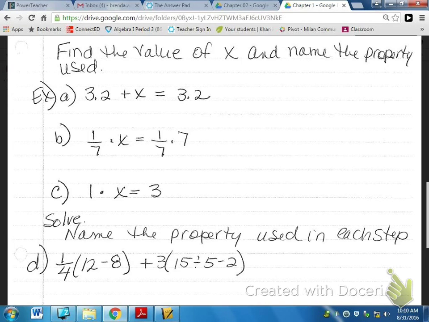So basically, you're solving something and seeing what would fit in there and then telling what property it would be. So example A says 3.2 plus X equals 3.2. So the first thing you're going to do here is say what X would have to be equal to. And what would X have to be equal to, Avery? 0. And can you tell me, out of that list of properties, what would the property be called that would tell you that?